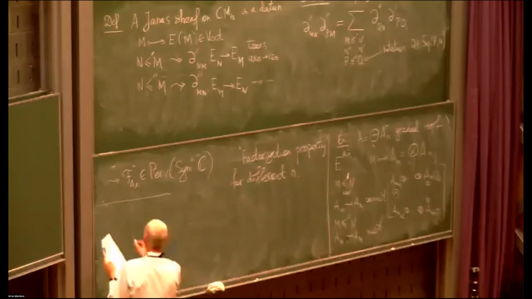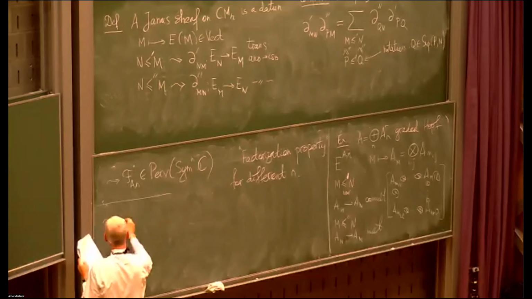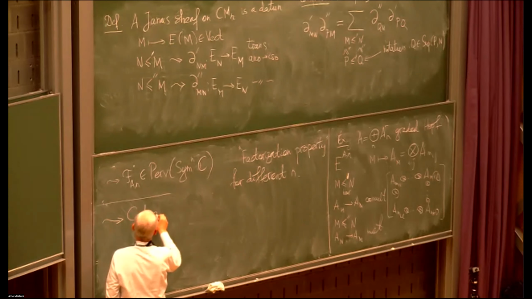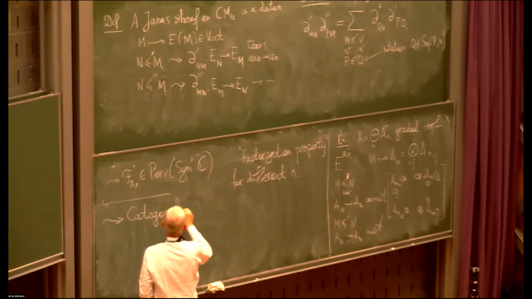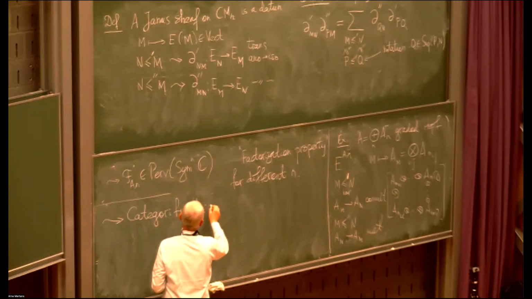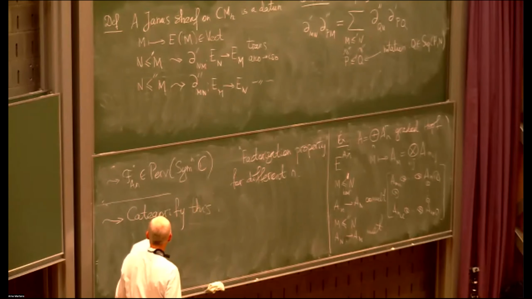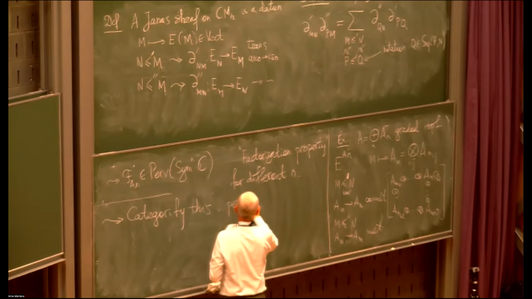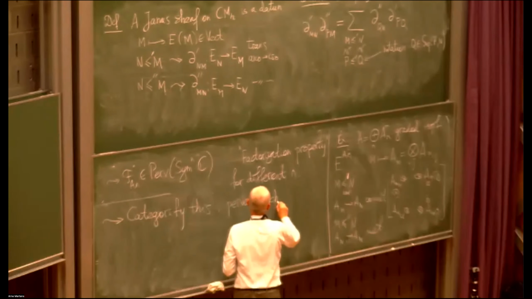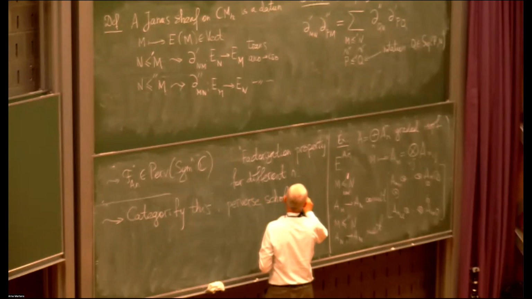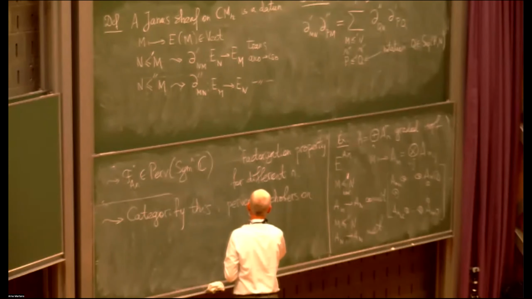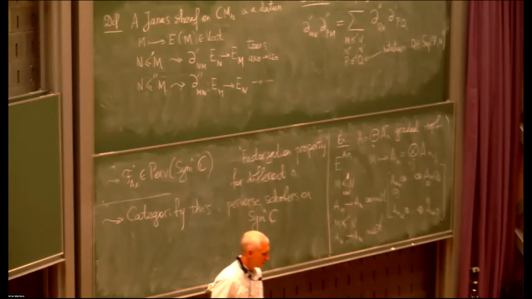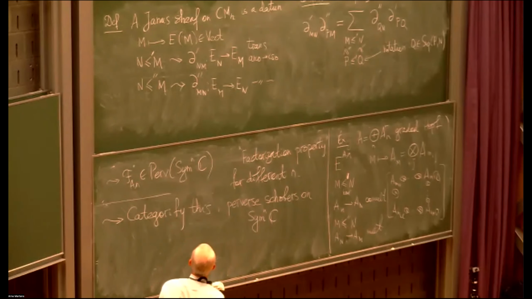From this, we want to categorify this, to get the definition of perverse schobers, categorical data on Sym^n C. In some sense, the definition suggests itself.